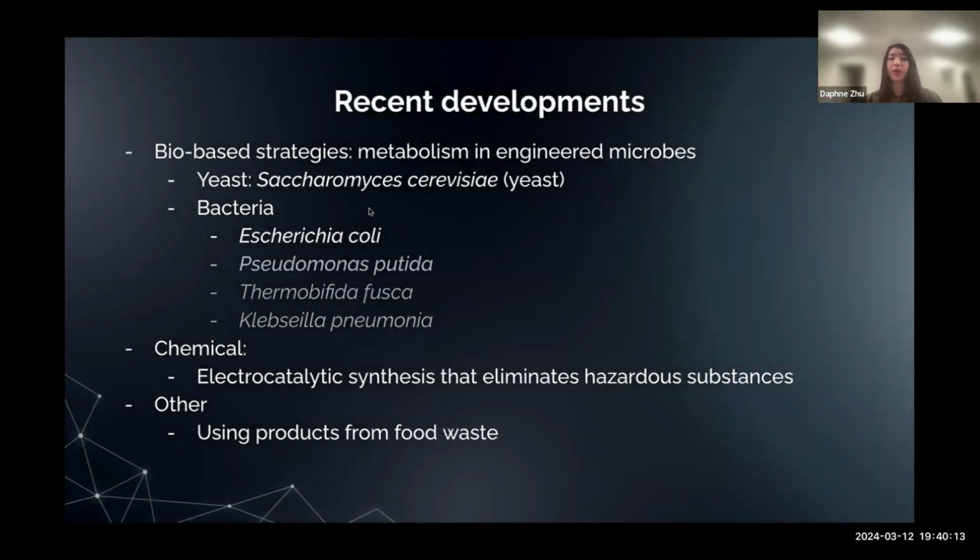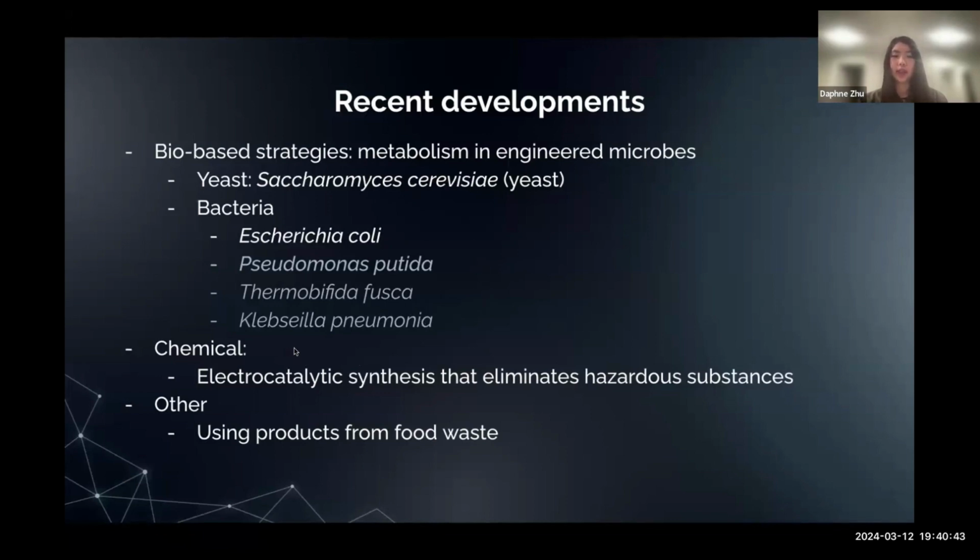There have been many recent advancements in more sustainable methods of nylon production. These include biological strategies, which focus on engineering microbes. The most commonly used are S. cerevisiae yeast and E. coli bacteria, but recently there have also been developments with using other species of bacteria.